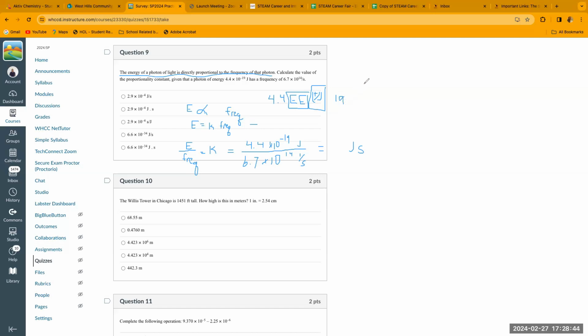Then you divide by 6.7, and again use your EE button, and in this case it'll be 14.